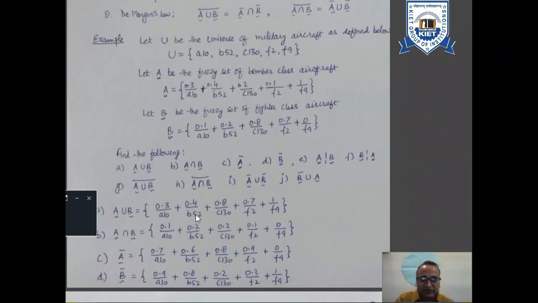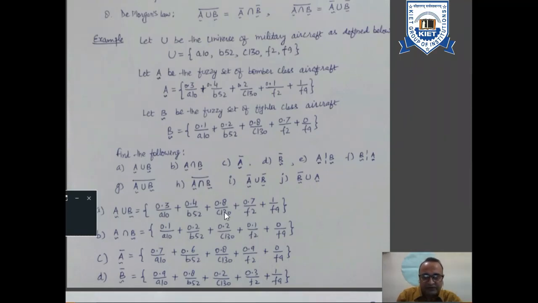Now we are talking about the second element, which is the B52 aircraft. And for this aircraft, its membership value was 0.2 for fuzzy set B and 0.4 for fuzzy set A. 0.4 is the higher value, so we will keep this higher value in the union set.